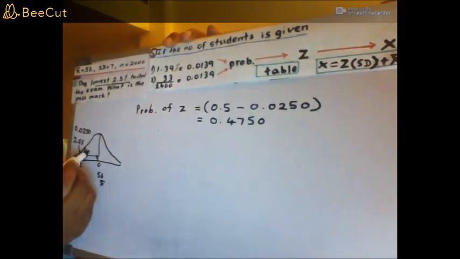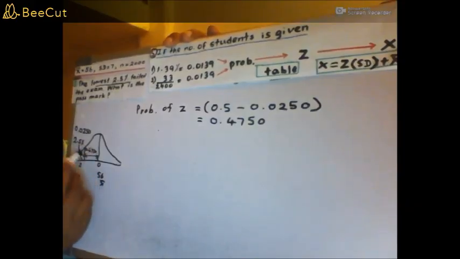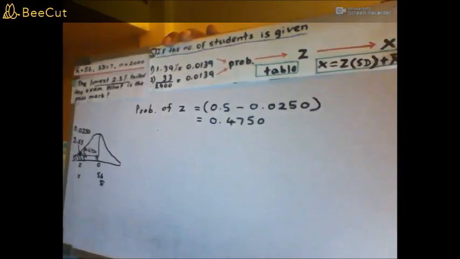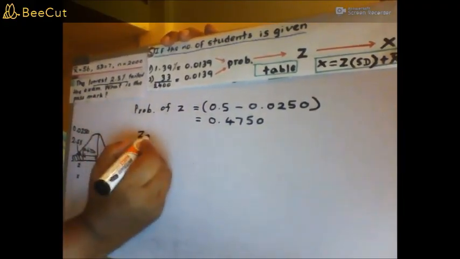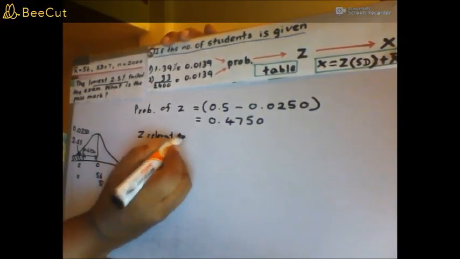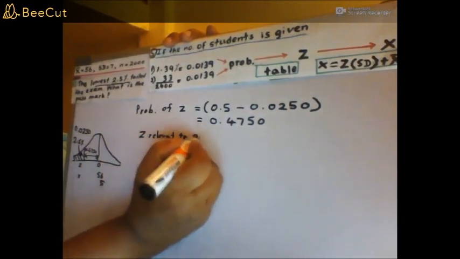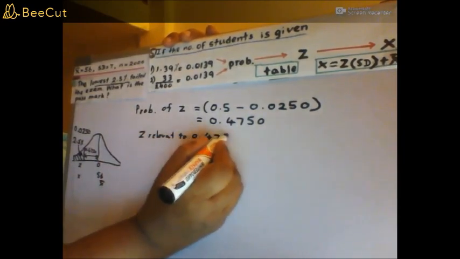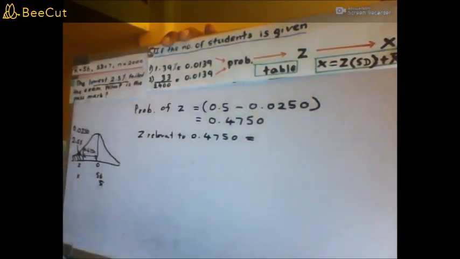That is this probability, right? Now get the Z value from the table. We'll write the line Z relevant to 0.4750. What's the Z value we get from the table?